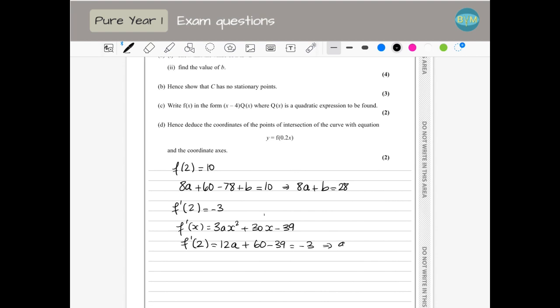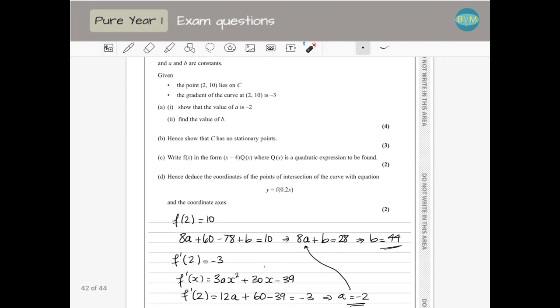That a is minus 24 divided by 12, which is minus 2. So this is the first one. And now I'm going to find b, substituting this minus 2 here. And b is 44. So I found a and b.